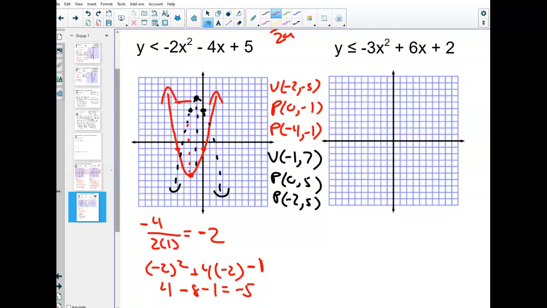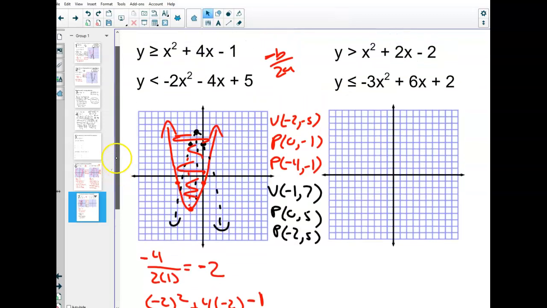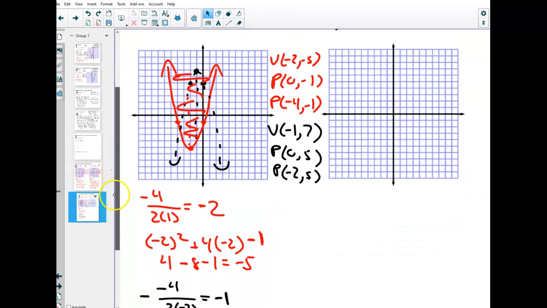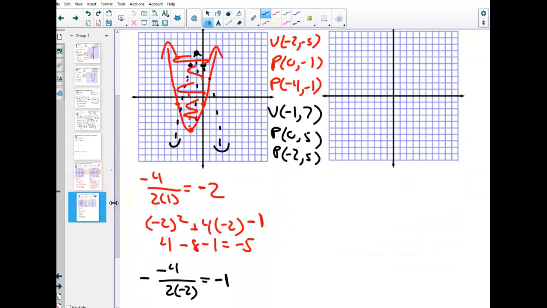So that means we shade inside. 0, 0 creates a true statement in the one opening down. 0 is less than 5. So when we shade down, we're going to be inside. Okay? And this right here is my double shaded region. And that's what you want to establish. You want to establish the double shaded region. Okay? Any questions with that one?